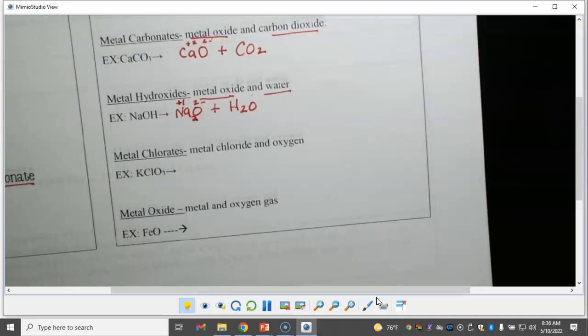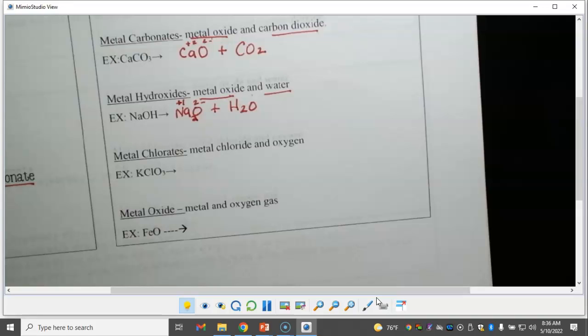We only use this on single replacement reactions. So if you want to write single replacement so you remember, we only use the activity series on the single replacement reaction. This activity series gives us a list of the most reactive metals, or I should say the most reactive cations, all the way through here because hydrogen can be a cation.